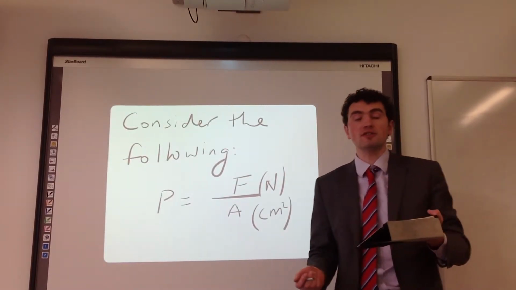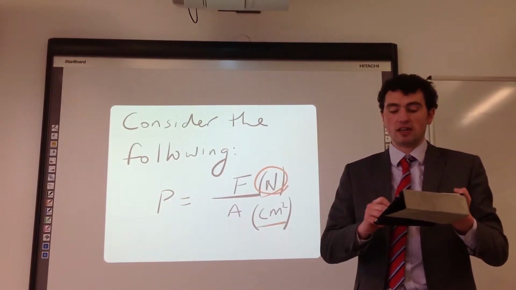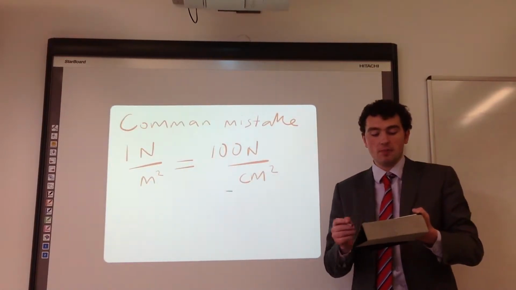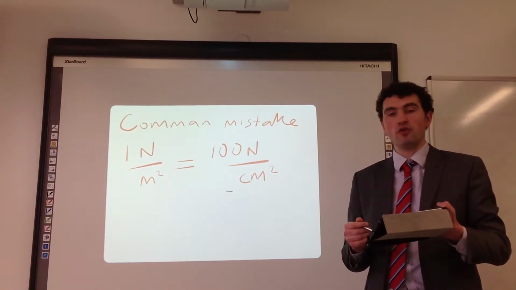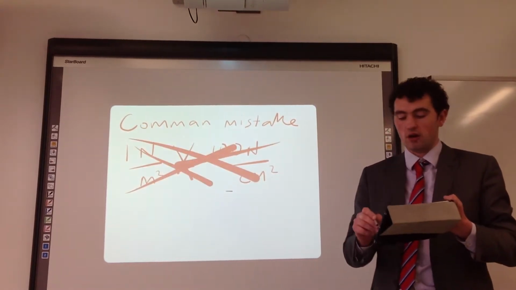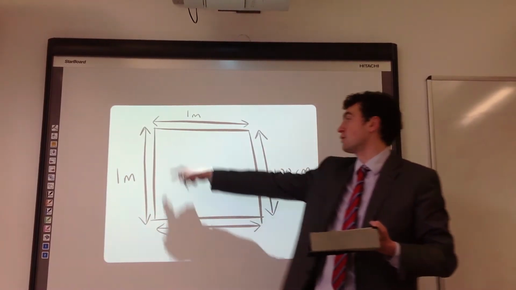You could decide to measure the force in newtons, but you could also decide to measure the area in centimeters squared. A common mistake is people think that 1 newton per meter squared is equal to 100 newtons per centimeter squared. Absolutely wrong, totally wrong. To show you how this works, let's consider a square meter.